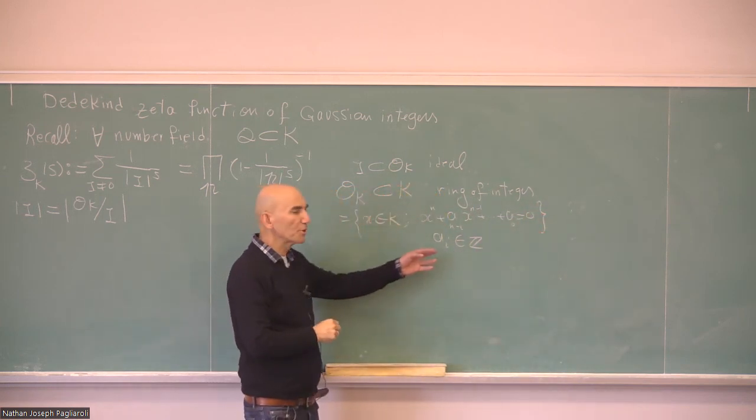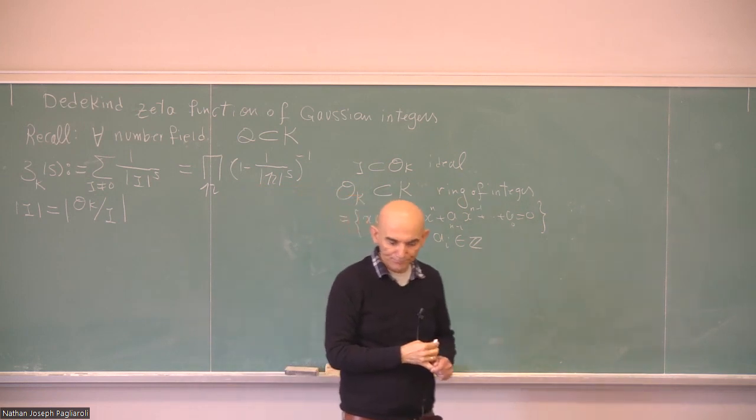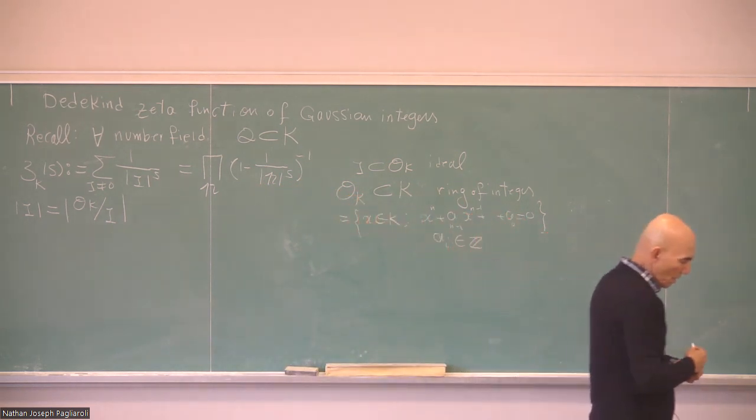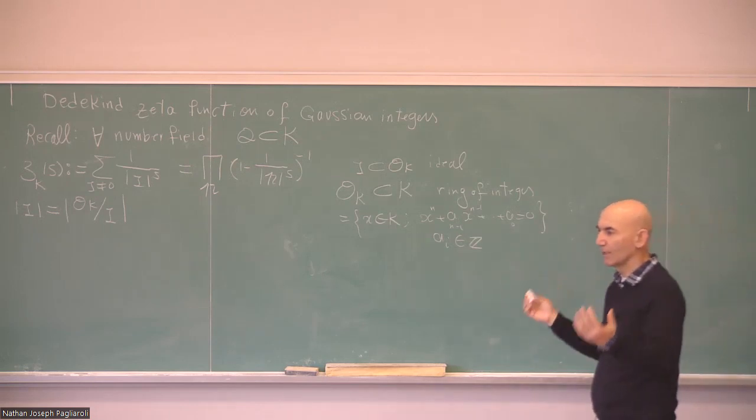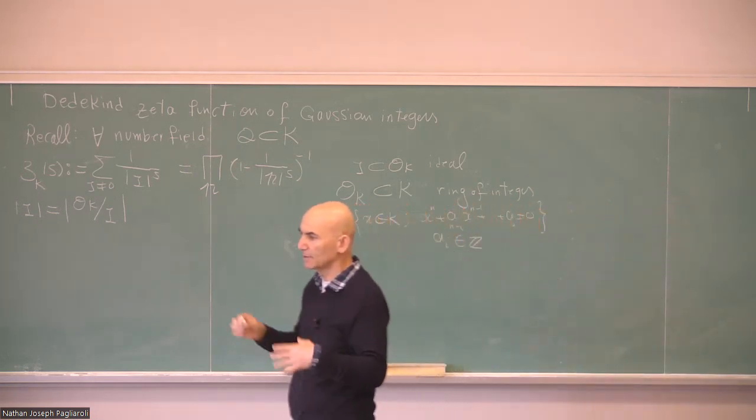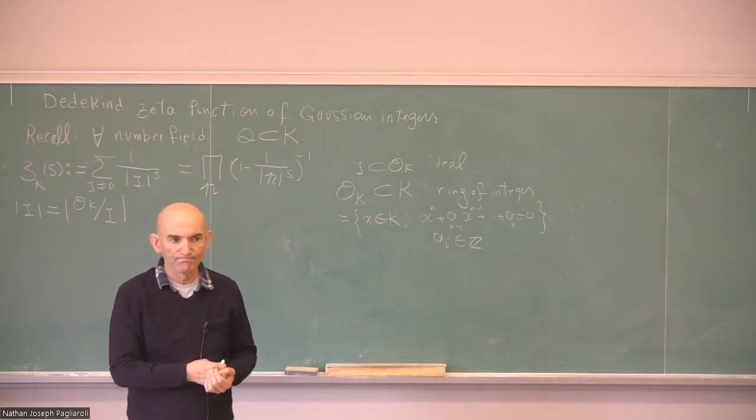So it's an algebraic number, because this is exactly the definition of algebraic numbers. So it's the part of the algebraic numbers that are in K, in your field, basically. So you can say it's the intersection of the infinite dimensional ring of all algebraic numbers with K.